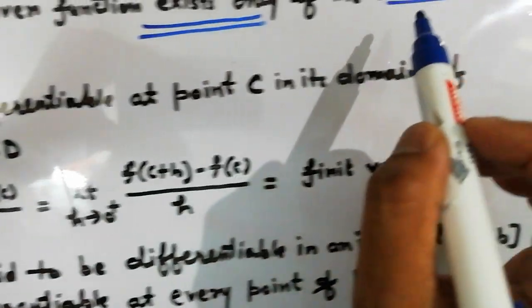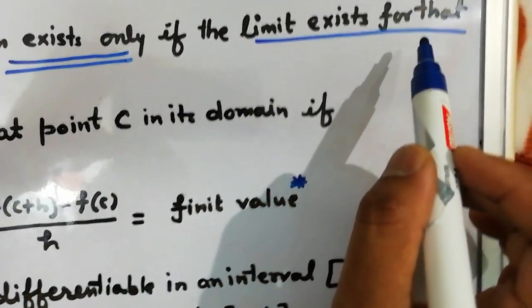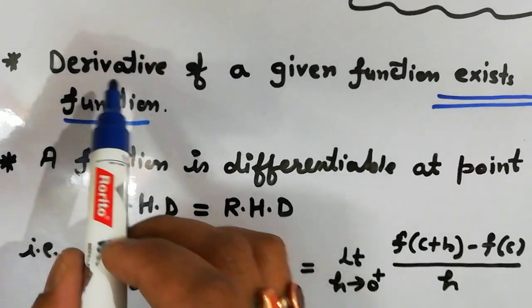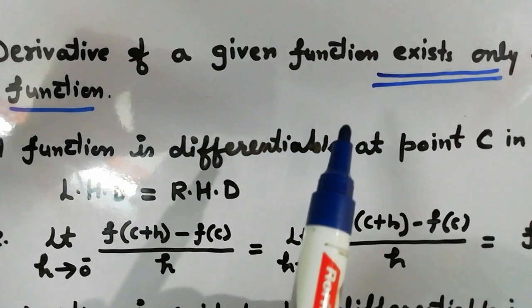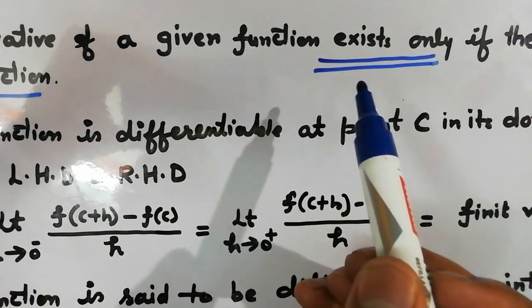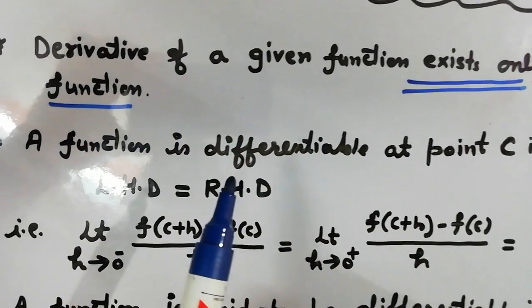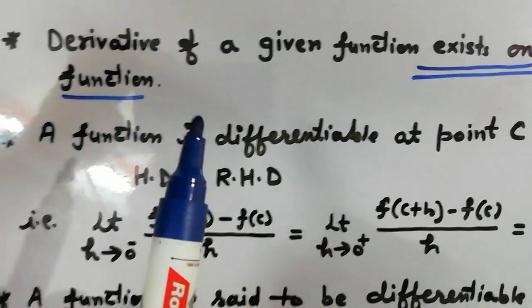If the limit exists for that function, then we can find the derivative of that function. If the limit does not exist, then we cannot find the derivative of that given function.